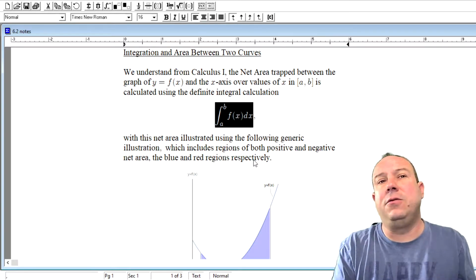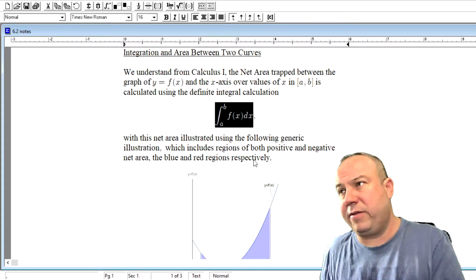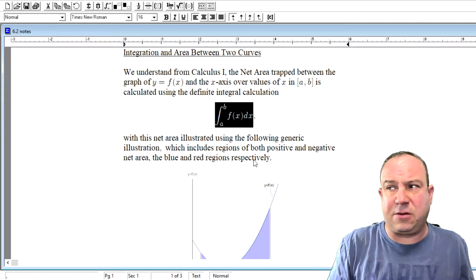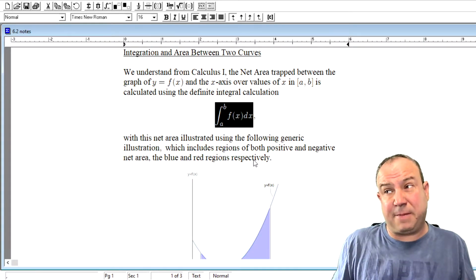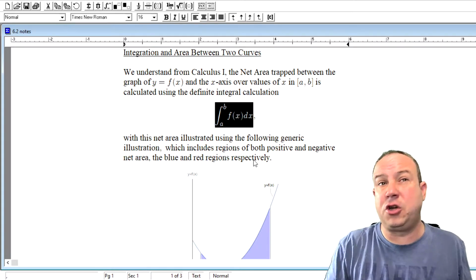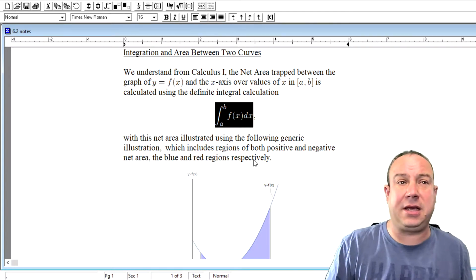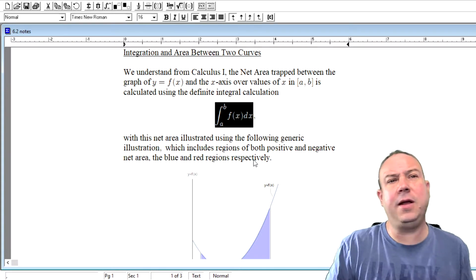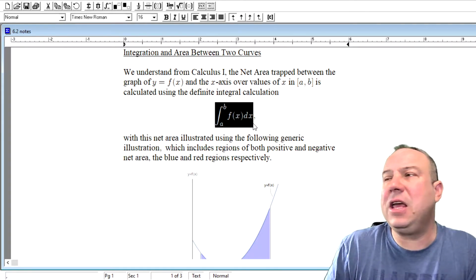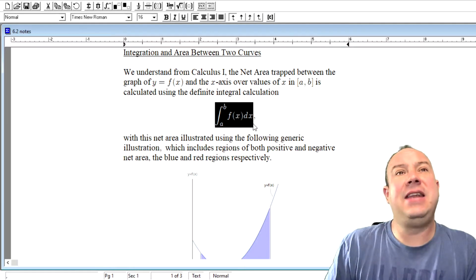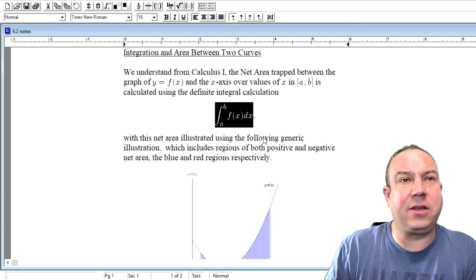It does not produce the antiderivative function, although the antiderivative function is used in that calculation process. We just take it a step further and evaluate that function over these bounds from a to b. But what we also further understand is that it illustrates a net area calculation.